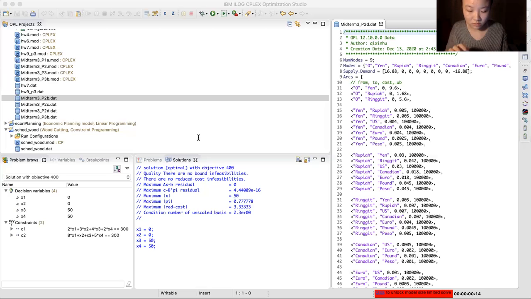The decision variable I set is Xij, which represents the cash flow from currency i to currency j. The cost percentage is shown in table 2, and that's the transaction cost percentage on every unit of cash flow.